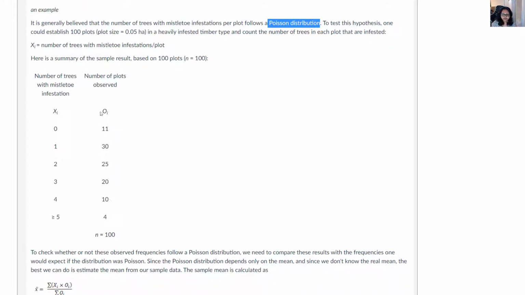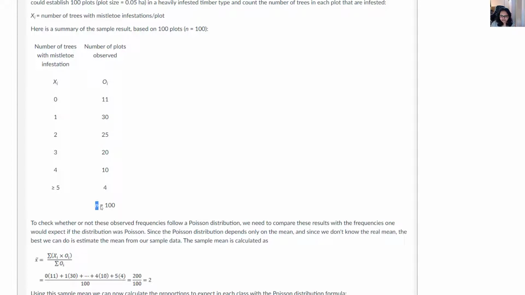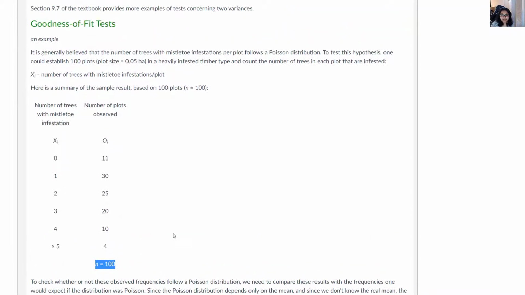Basically we want to find the expected value for each of these observed values. That's the main interest. To do that, at first we need to know how many samples we have. We have 100 samples, and then we will be using the chi-square distribution.